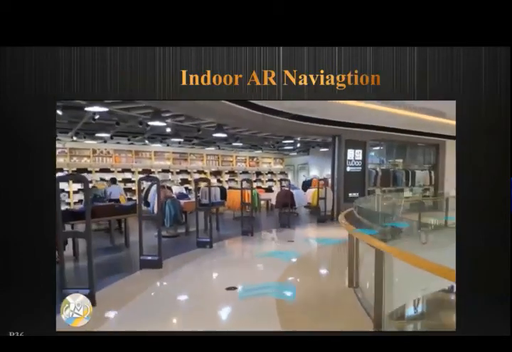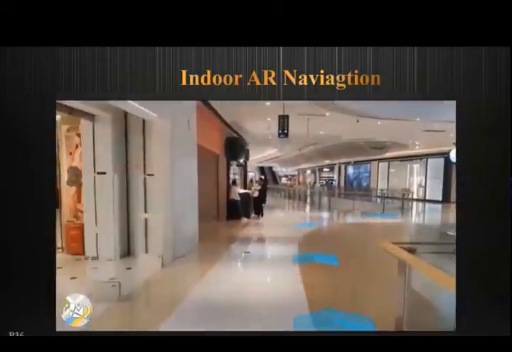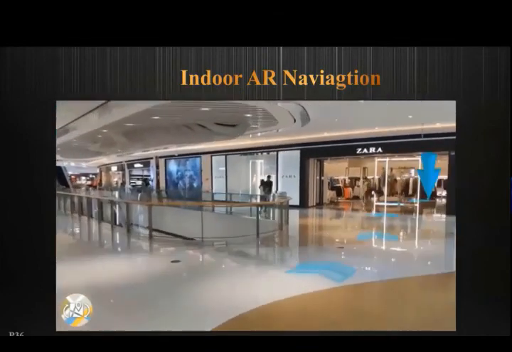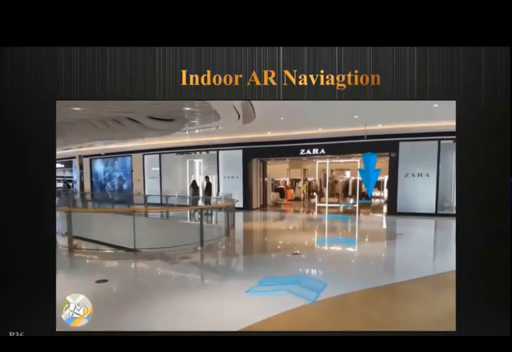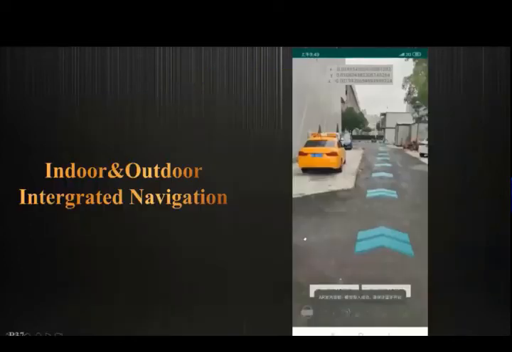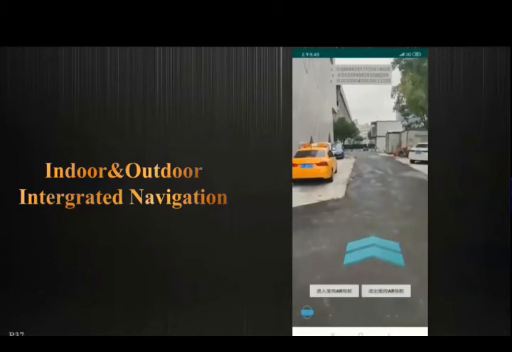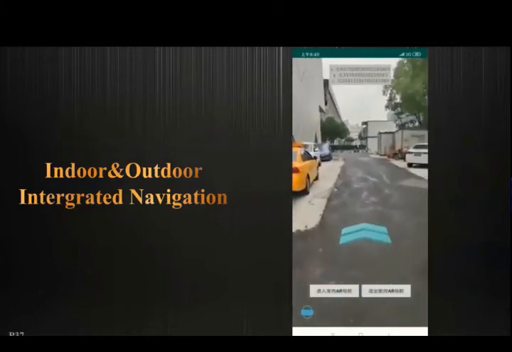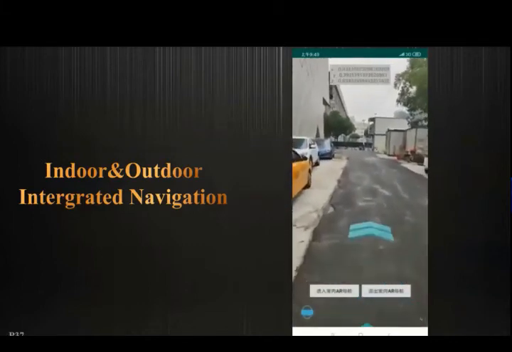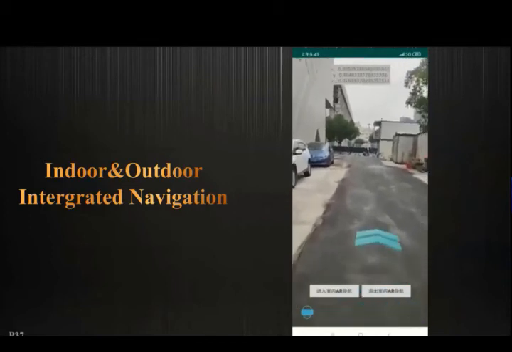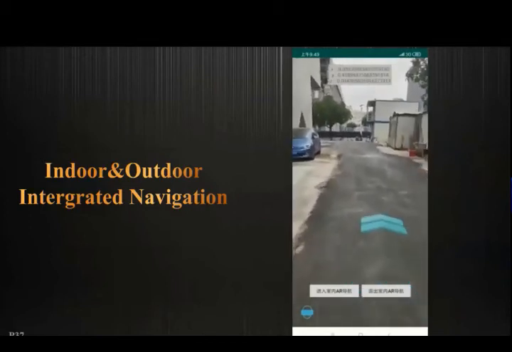Let's see some cases of indoor AR navigation. And here is the indoor AR navigation. It could show you the route to the destination with AR signs, and it can also integrate with outdoor navigation when walking outside.